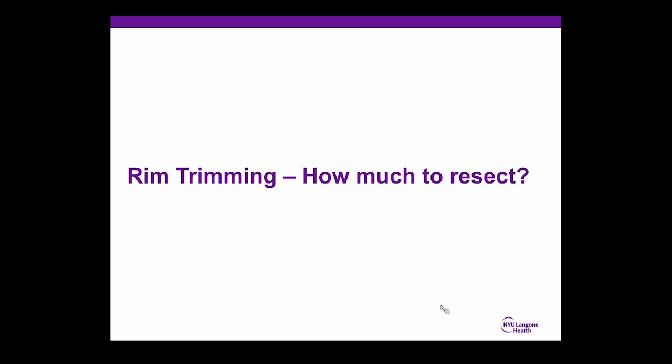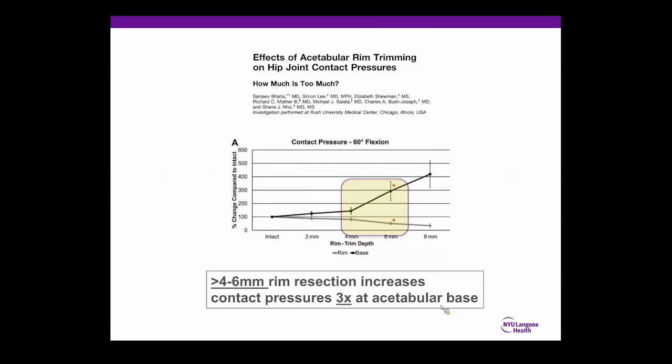I think it's very important. Tom did a nice overview of the hip arthroscopy basics, but it's important to understand that there are limits to what you should do. Rim trimming is one of those. There's a nice paper out of Rush, which basically showed an increase in rim pressures at around the 4 to 6 millimeter mark.